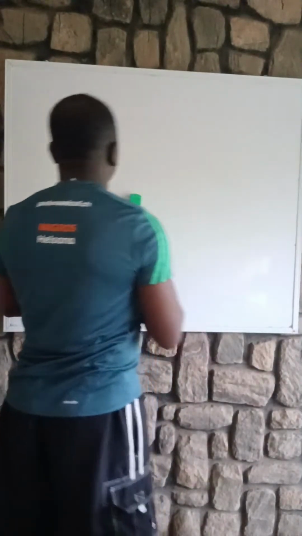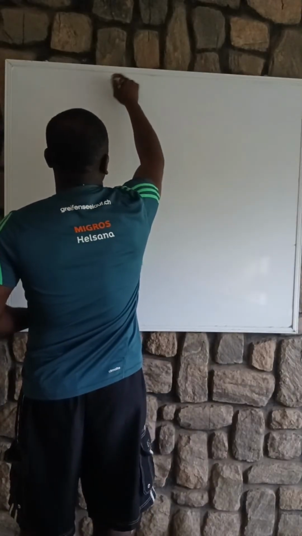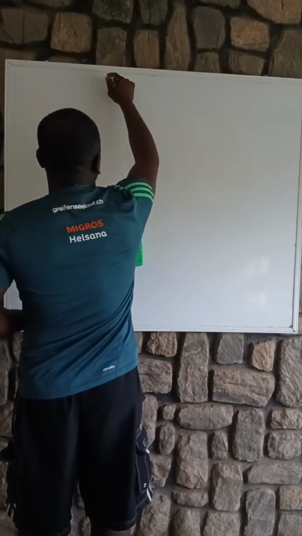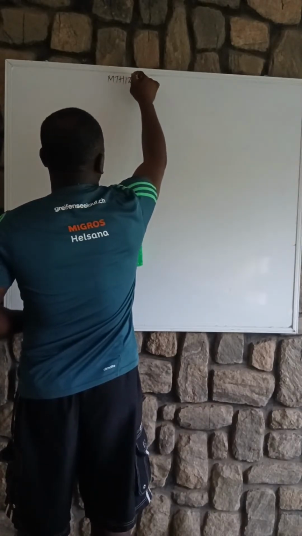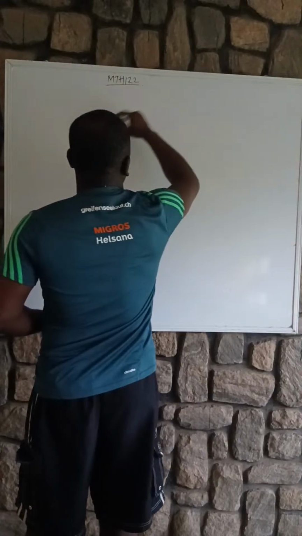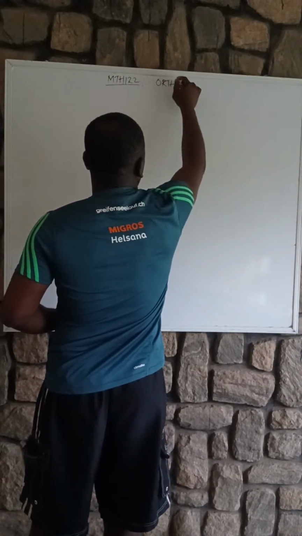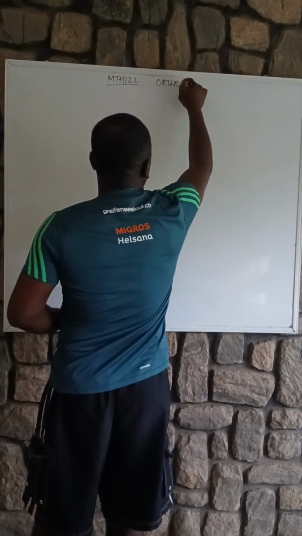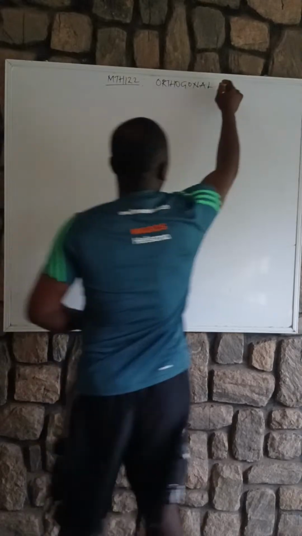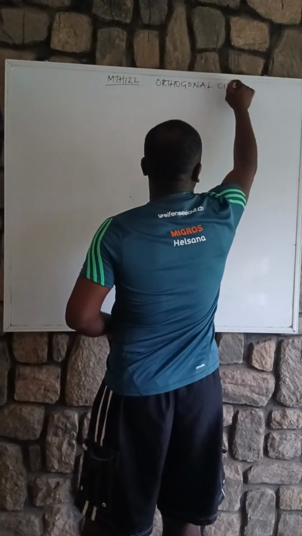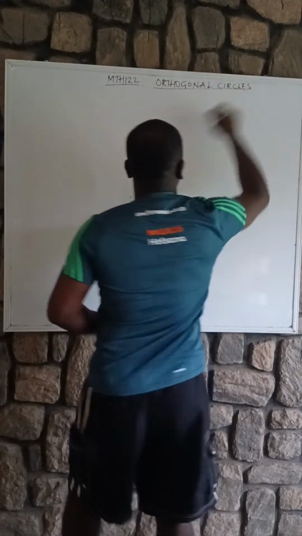Two circles. Let's have a sketch of orthogonal circles.